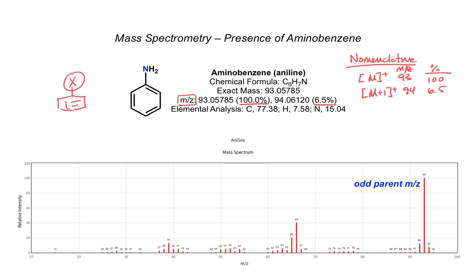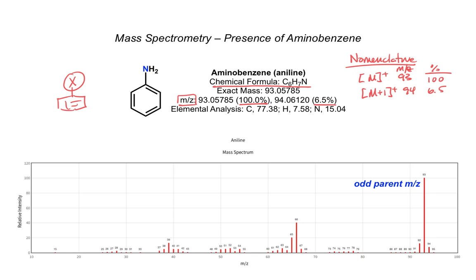So the first compound we're looking at is called aniline or aminobenzene. You can see that the molecular formula here is C6H7N. If you did the normal operation, 6 times 12 plus 7 times 1 plus 14, you would get a mass of 93.